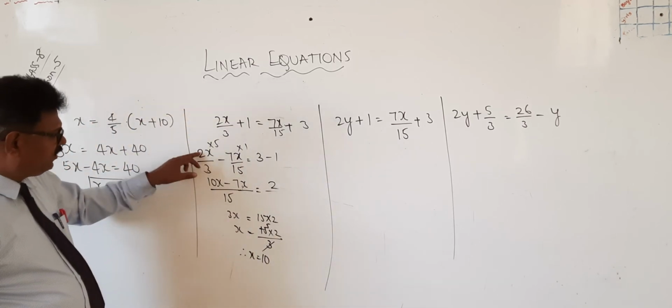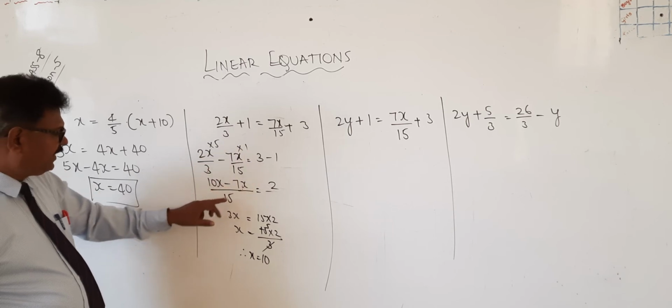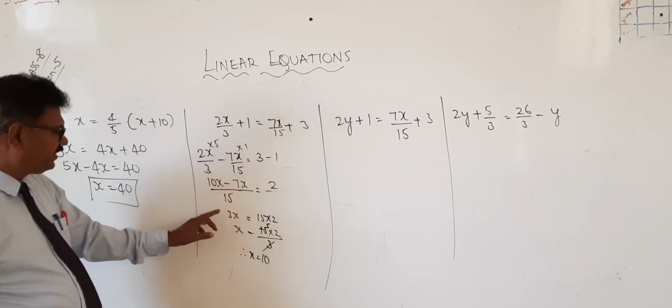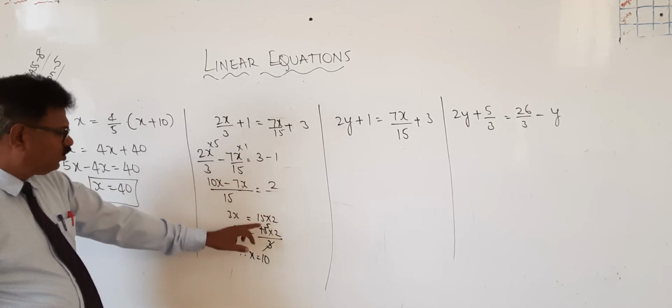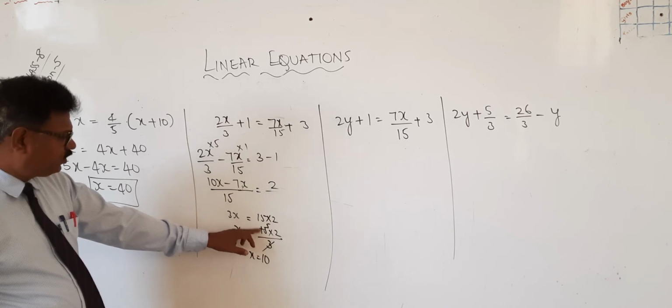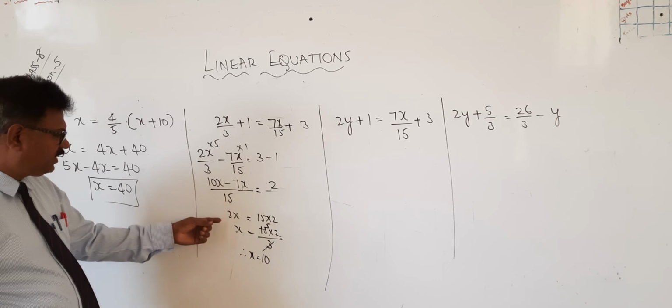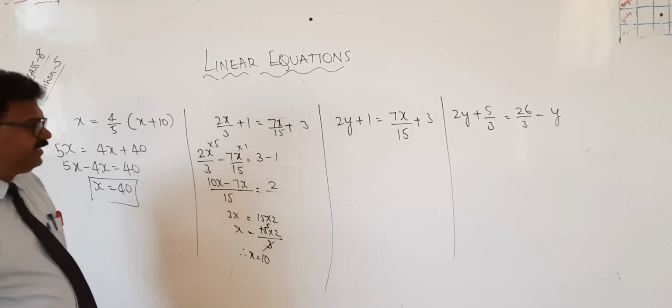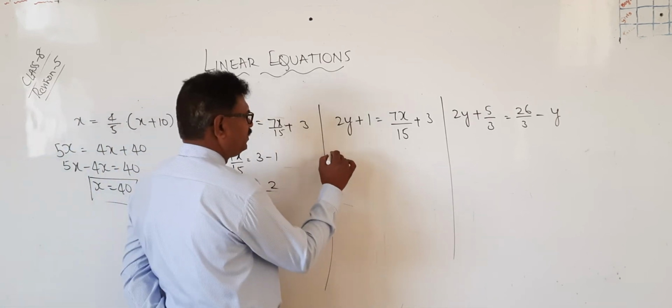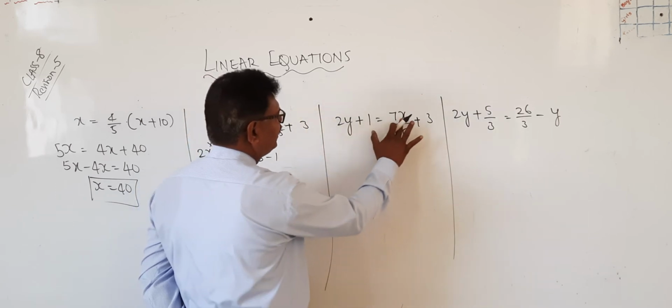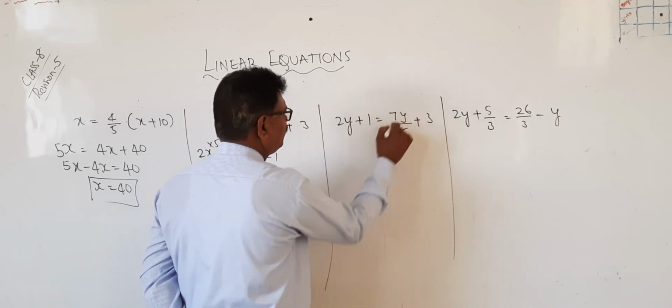See now, 5 twos are 10x, 7x. Yes, 10x minus 7x is 3x. 15 into 2 is 30. Therefore x equal to 30 divided by 3, which is nothing but x equal to 10. Now same. Here actually, here 7y only.